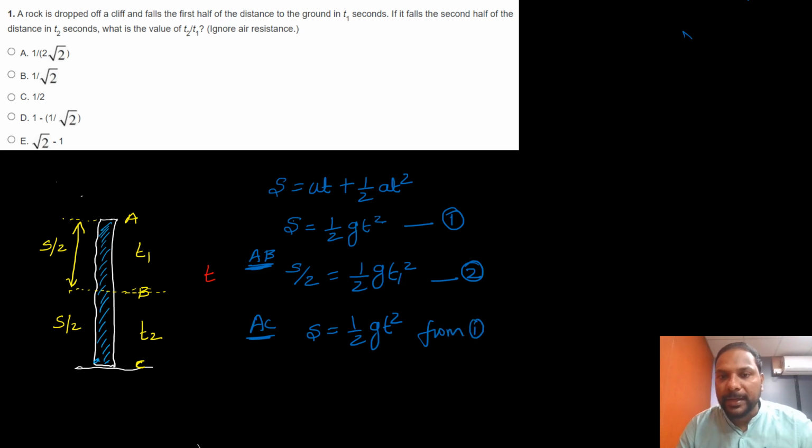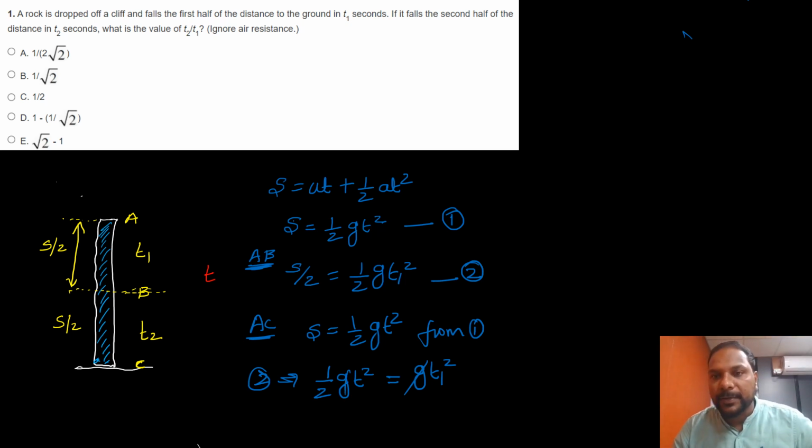Equation number 2 becomes s by 2, where s is half g t square, so half g t square by 2 is equal to half g t1 square. The 2 will get cross multiplied, giving g times t1 square. Is it clear? G and g will get cancelled out, so you'll get t square is equal to 2 times t1 square.